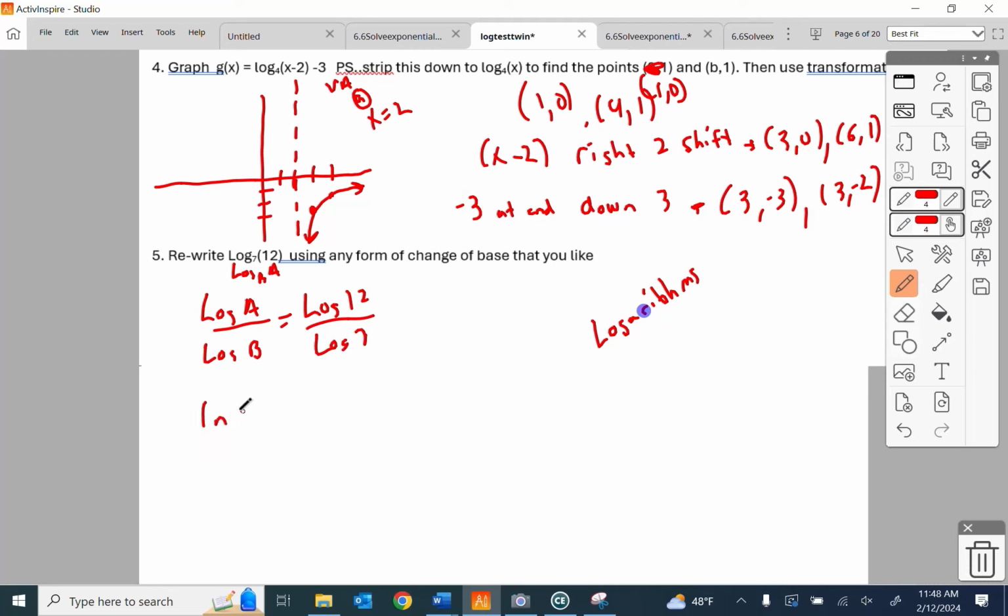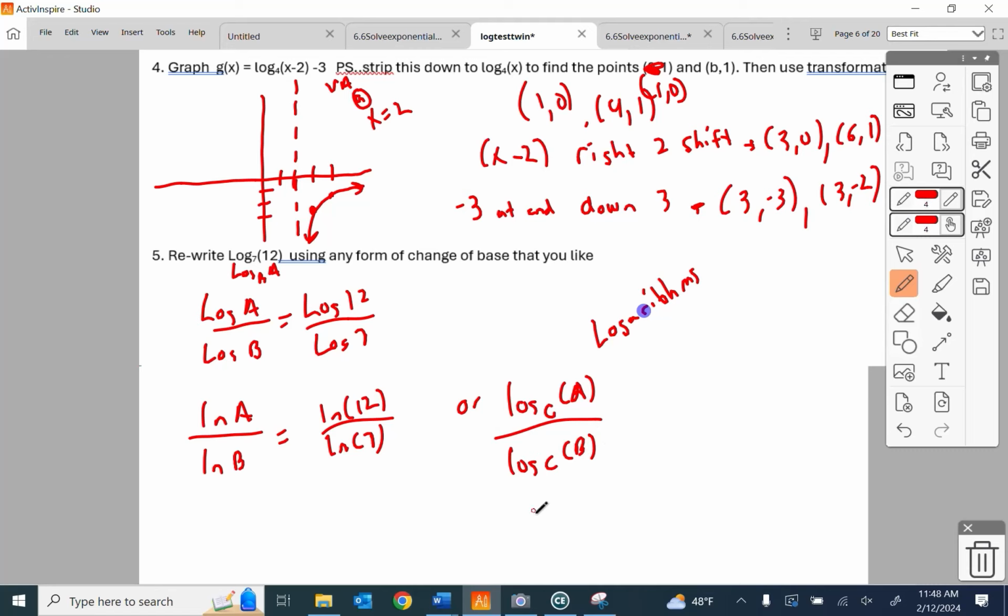The other one you can do is ln of A over ln of B. So this would be ln of 12 over ln of 7. Or, here's what you can do. You can do log base C of A over log base C of B. And it'd be really cool if you made up your own base.